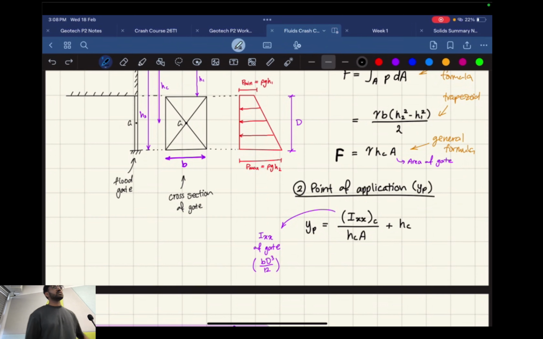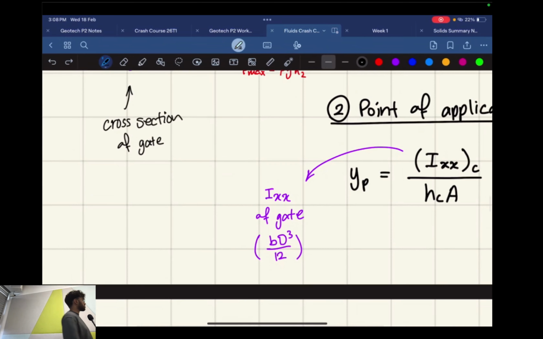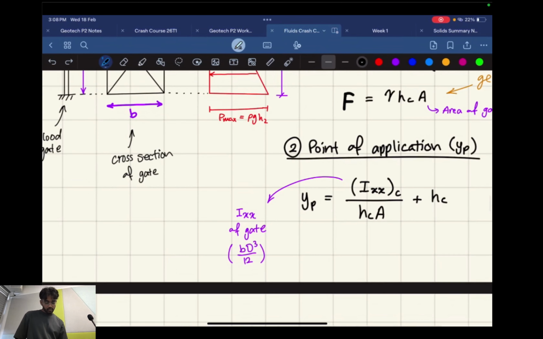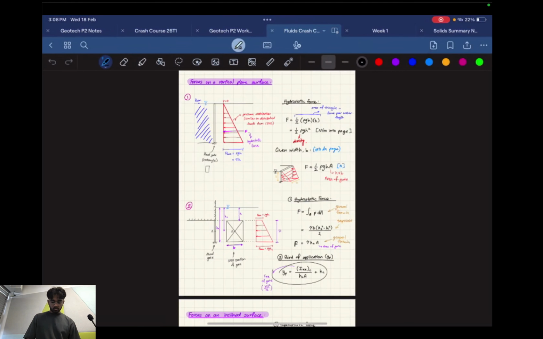For a rectangle, it's BD cubed on 12. For a circle, I don't know what it is. It's on the formula sheet. Same thing for a triangle. And then all you have to do is apply the formula.